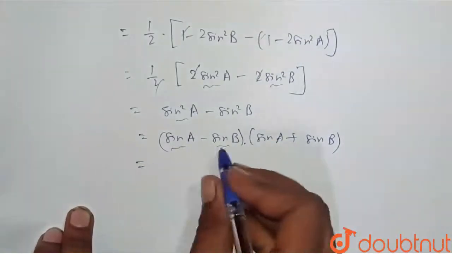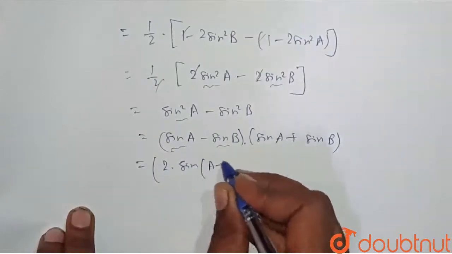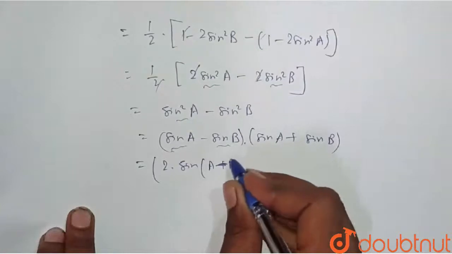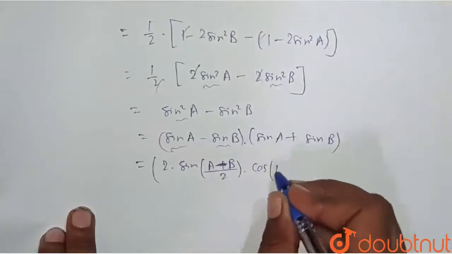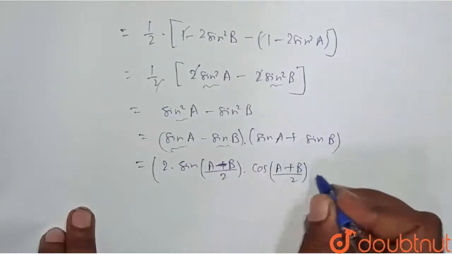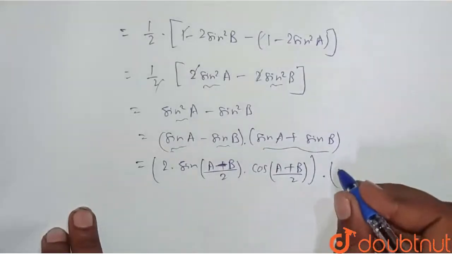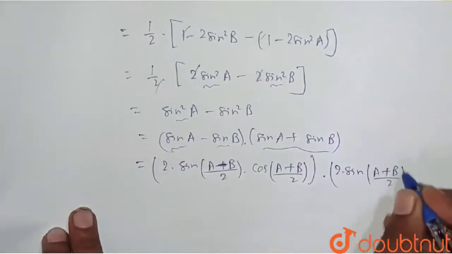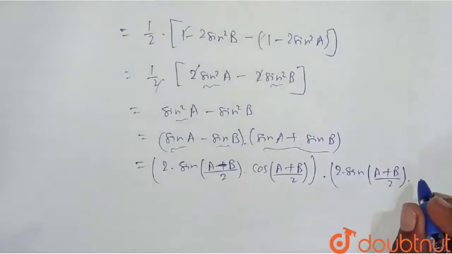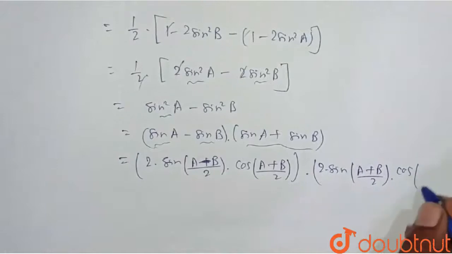The first expression is 2 sin((a - b)/2) cos((a + b)/2), and for the second expression we know the formula as 2 sin((a + b)/2) cos((a - b)/2).